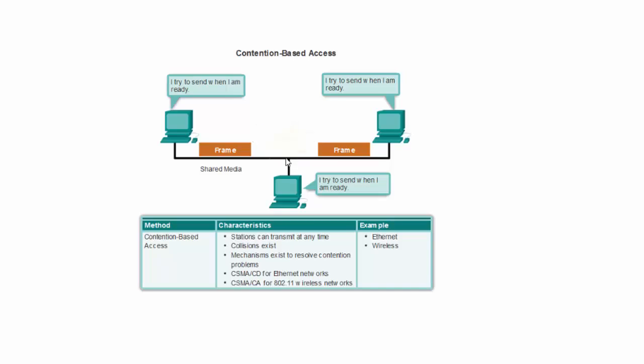As we have mentioned before, the medium access control in that case uses two types of recovery procedures. One is collision detection for Ethernet networks, and the other is collision avoidance for wireless networks.